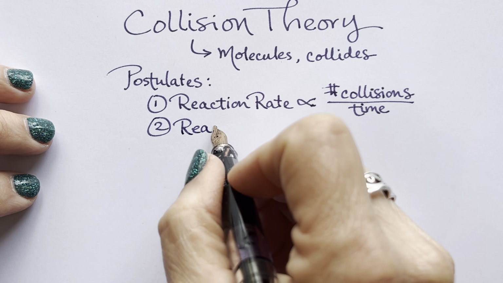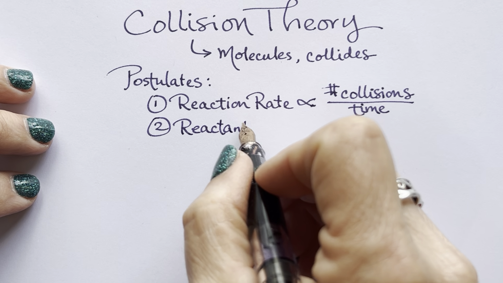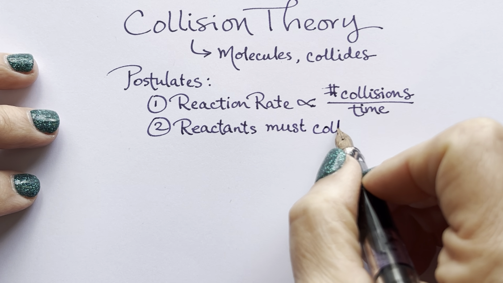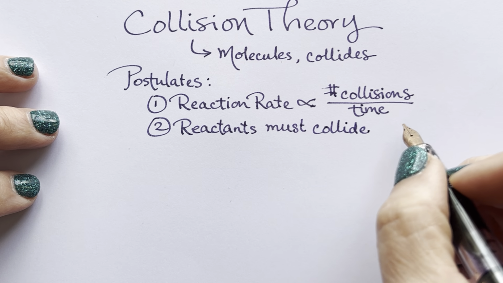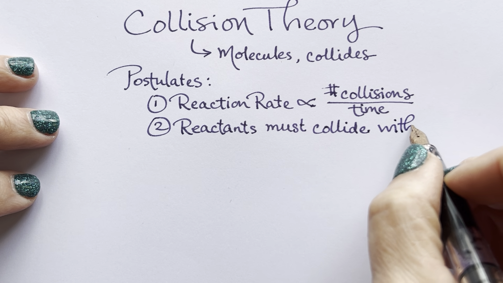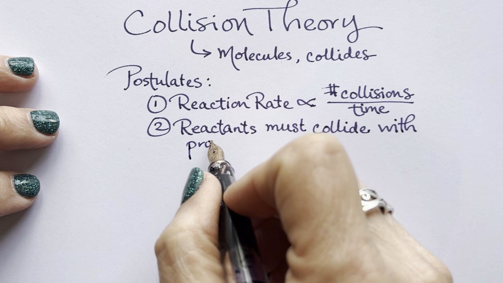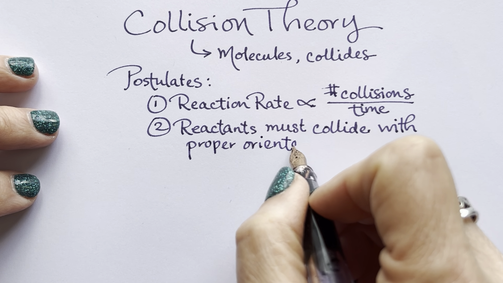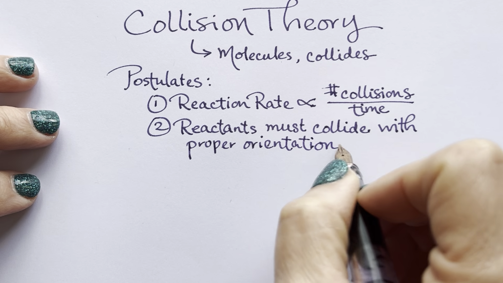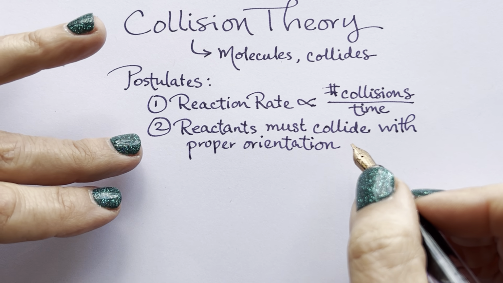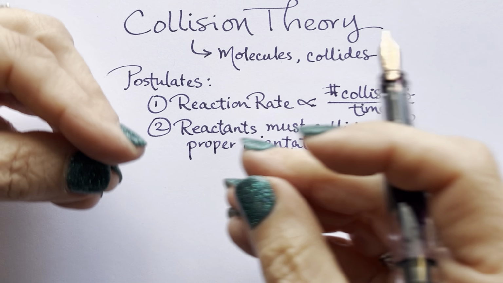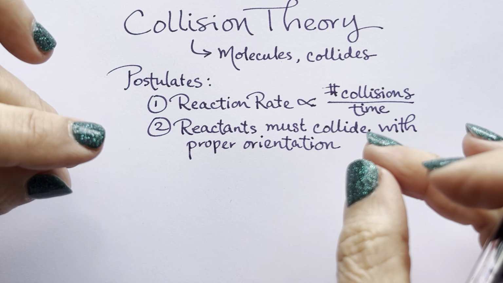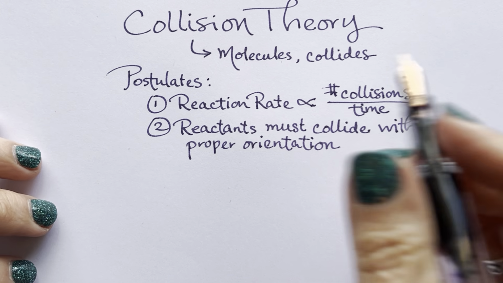The reactants must collide with proper orientation. You can think of Lego pieces. When you pop together Lego pieces, they have to be in the correct orientation to snap together, right?